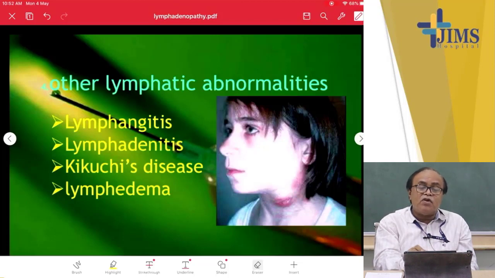Enlargement of the lymph nodes is called lymphadenitis, and when the supply and transport of lymph is getting obstructed, then there is collection of fluid in the tissue spaces, causing swelling of the part, especially limbs, affected limbs, one limb or both limbs, upper limb, lower limb, that is called lymphedema.